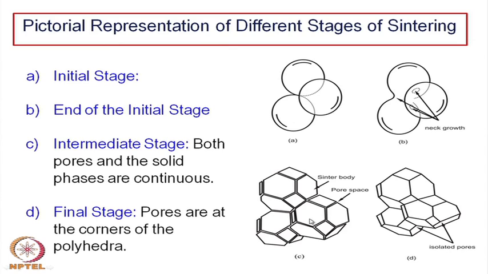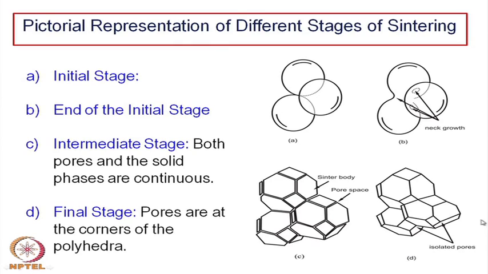Of course, the total volume of the solid phase is much larger, because 90% of the total volume is occupied by the solid and only 10% is pores. When you want a continuous pore phase, naturally the dimensions will be more linear or cylindrical in shape. So, that is what you get here.